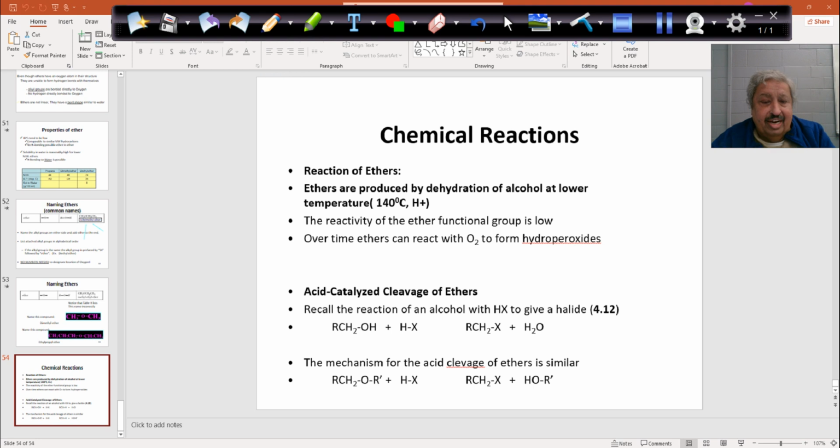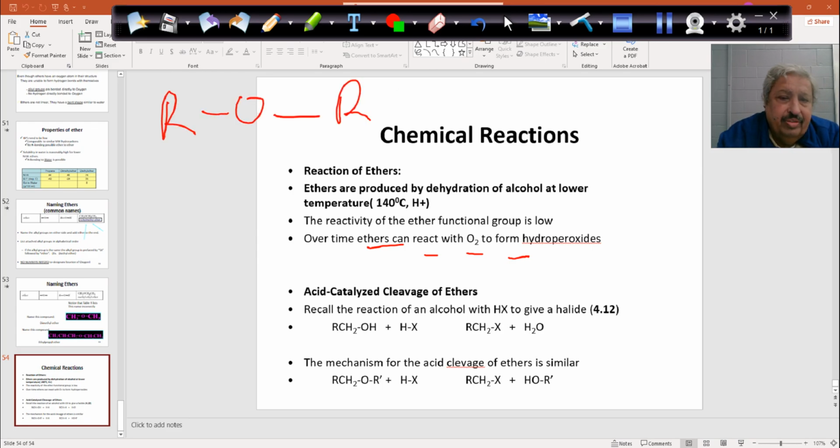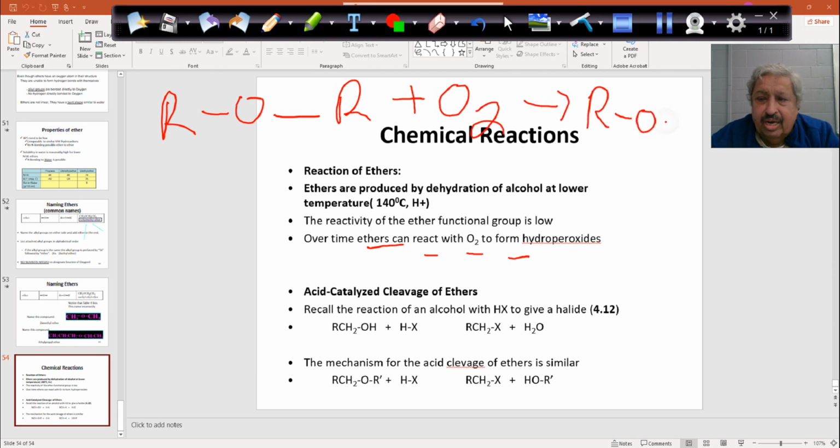But in general, they are not really reactive, especially if they have bulky R. So here it is: over time, ethers can react with oxygen to form hydroperoxide. If you have an R here, and then you let it sit over time, they can react and you get a peroxide. The oxygen will come in and invite itself here.